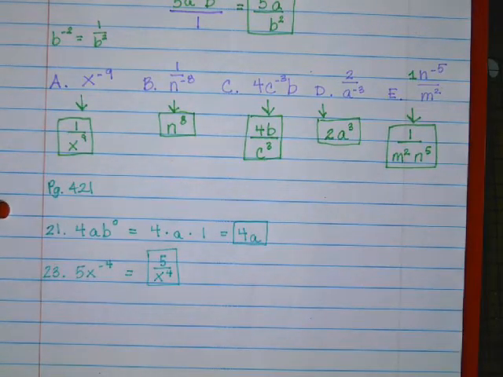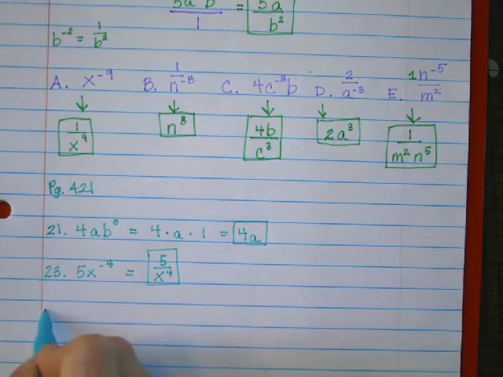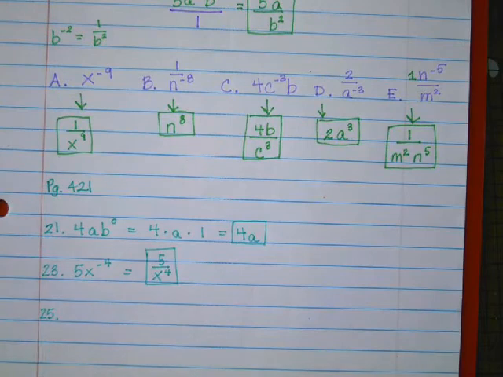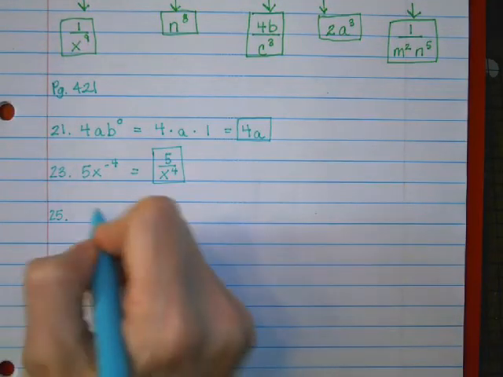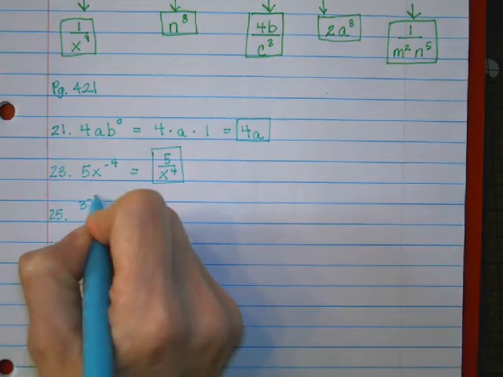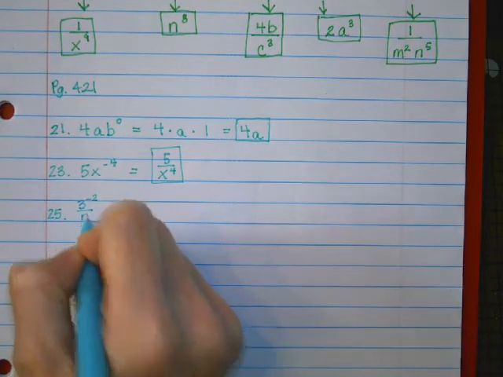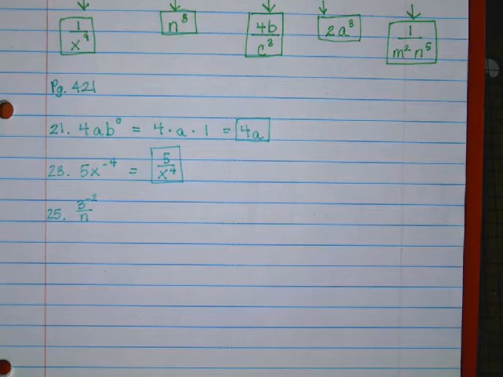All right, so we're going to move and do number 25. All right, number 25, move this up. Says 3 to the negative 2 all over n. All right, so we're going to go ahead and work this guy out.